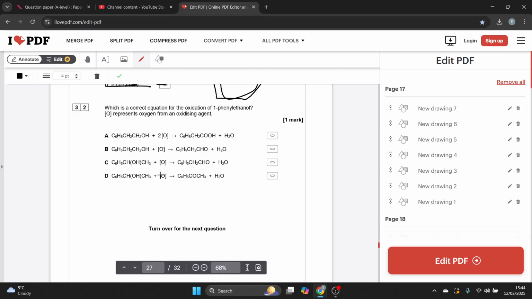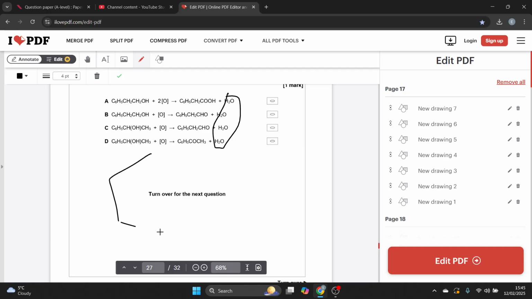Question 32, which is the correct equation for the oxidation of 1-phenylethanol? O represents oxygen from an oxidizing agent. So in all of these I'm forming water, perfectly fine. 1-phenylethanol, so let's draw that out. And then the ethanol.